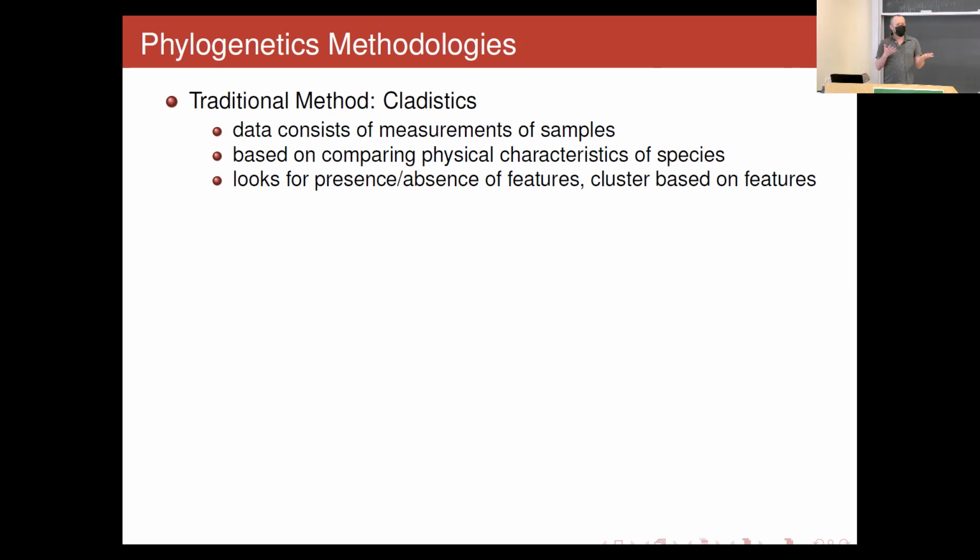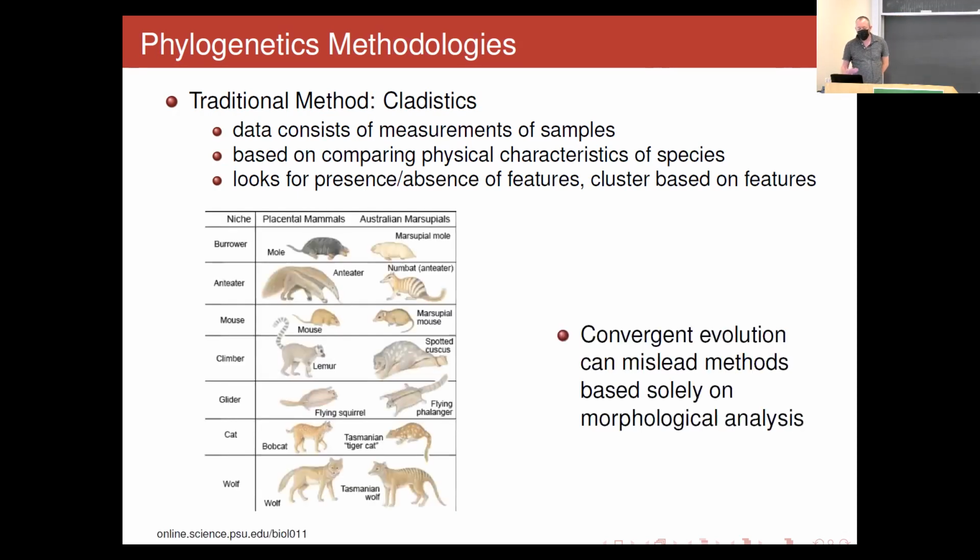Look for the presence and absence of different features, and from that you try to reconstruct a phylogeny. That approach goes back to Linnaeus, Darwin, etc. But we know that looking just at these morphological characteristics can lead you astray. So here's a kind of classic example.